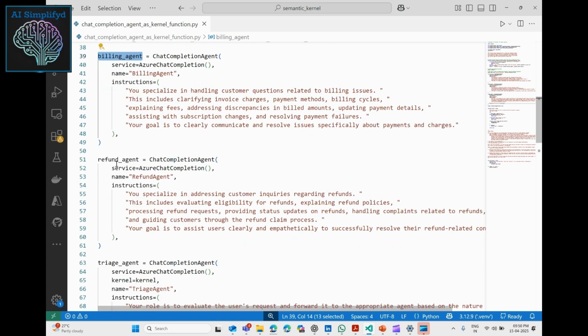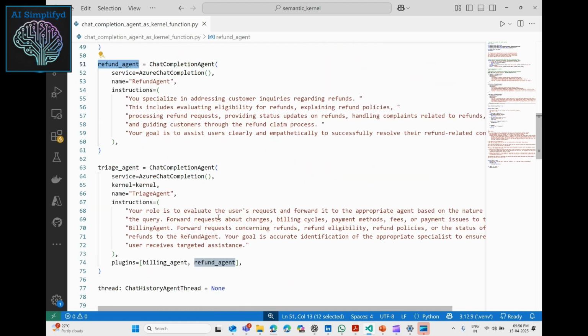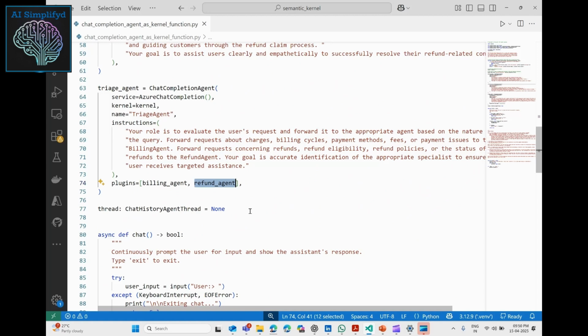On the same lines, I have a refund agent, which is specifically created to address issues with respect to refunds. And to the triage agent, I am providing the billing agent and the refund agent as plugins. Now the kernel framework understands how and when it needs to invoke which particular agent. So let's see how this runs.